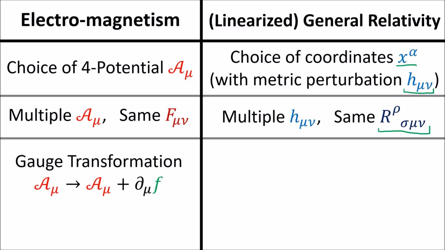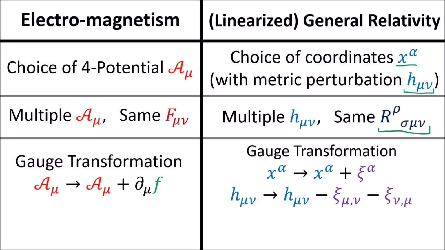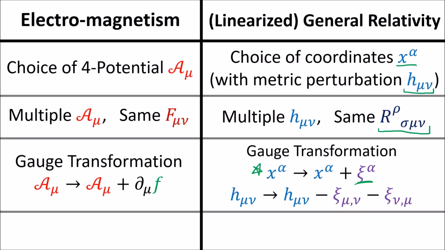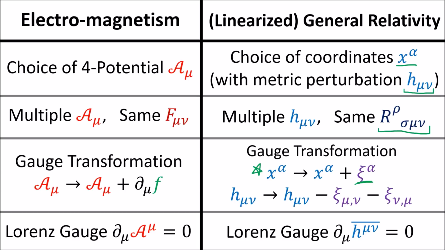In E&M, a gauge transformation is a change in the 4 potential that doesn't change the Faraday tensor components, and looks like this. In linearized GR, the gauge transformation is a coordinate displacement field that doesn't change the components of the Riemann tensor. Finally, in E&M, the Lorenz gauge is a choice of 4 potential that obeys this 0 4-divergence condition. And in linearized GR, the Lorenz gauge is a choice of coordinates that causes the metric perturbation h to obey this 0 4-divergence equation.